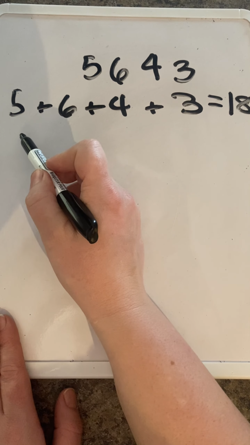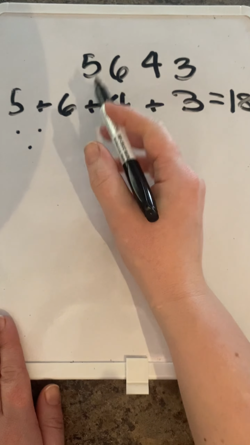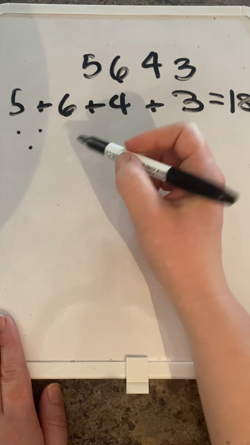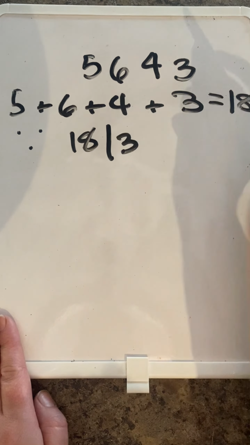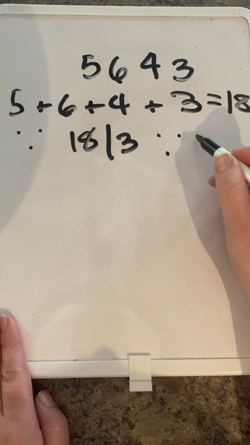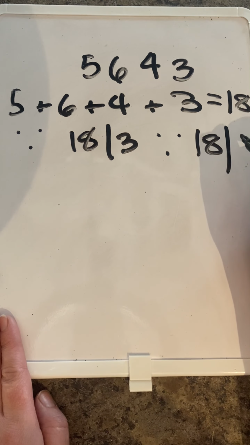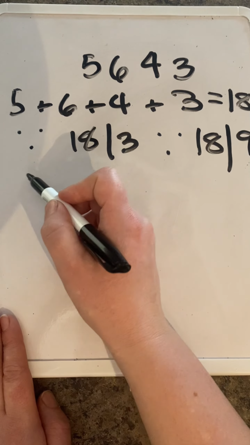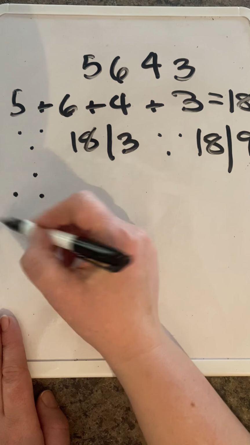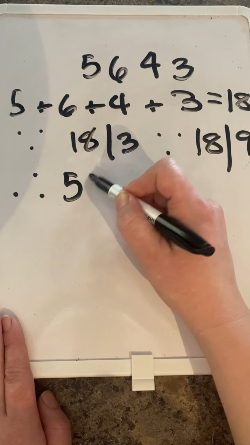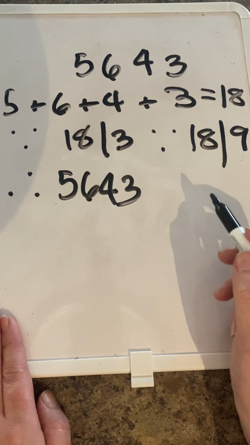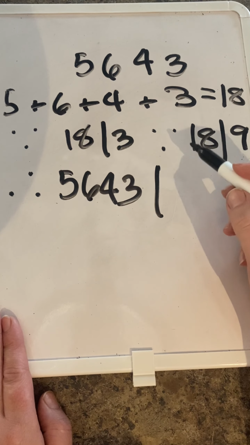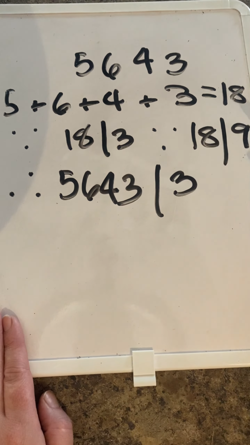So since 18 is divisible by 3, and since 18 is divisible by 9, I know, therefore, 5,643 is divisible by 3.